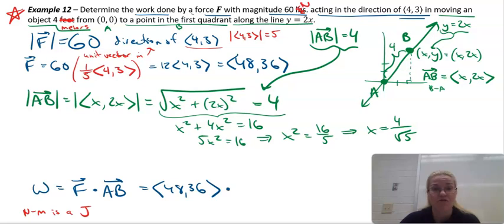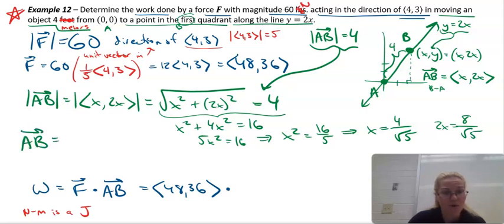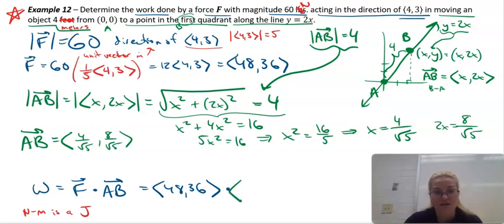Because it tells me I'm in the first quadrant, so I'm going positive. So B is positive, positive. So if that's x, then 2x must be twice that, so 8 over the square root of 5. So AB now in component form is 4 over the square root of 5, comma 8 over the square root of 5. So that is what I'm going to take the dot product with.